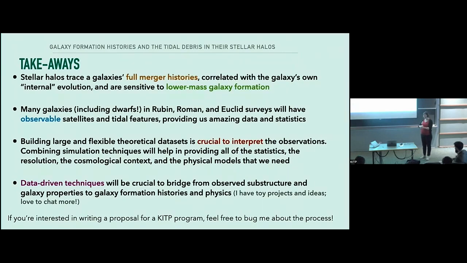But again, I think there's no one answer to the question, when is something starting to disrupt? But also there's no answer to when is something fully disrupted, because the same issue arises to when is something phase mixed. When do you call something? It's like anything that's too faint to see is essentially phase mixed in the model.